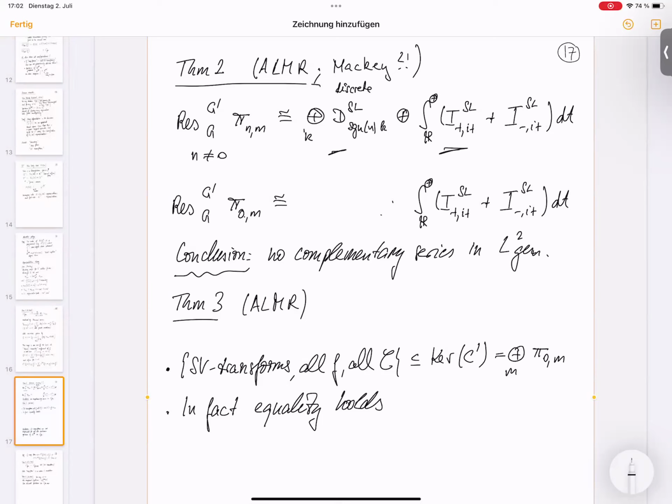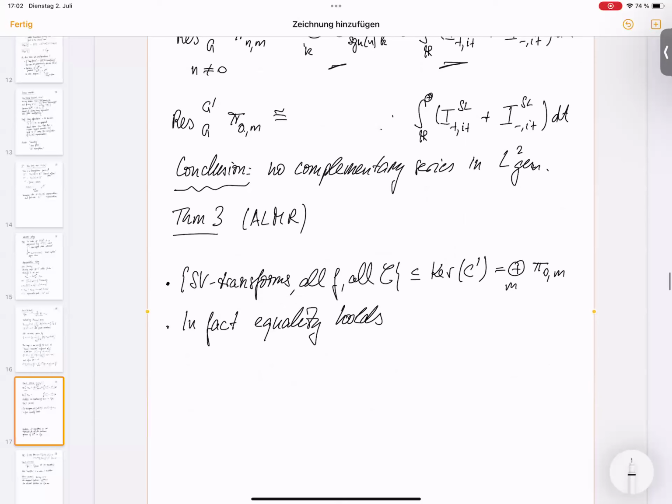This is a statement we re-derived. It could have been done by Mackey. Maybe he did it. We didn't locate it. But this tells us all representations that occur in the genuine part of L2. So theorems 1 and 2 combined give the complete answer for the representation theory.